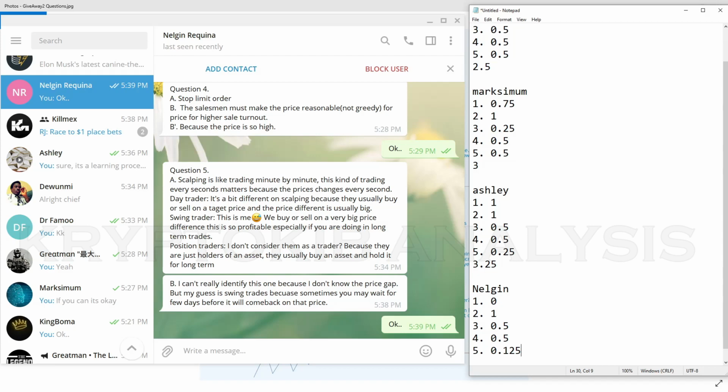So what should we do in this 5A? Scalping is also correct. So that one should be 0.25. Then the day trader, what should we do? It's not correct, right? What of the swing? It's not correct, because he included that long term trade. Swing is mid-term, not long-term.